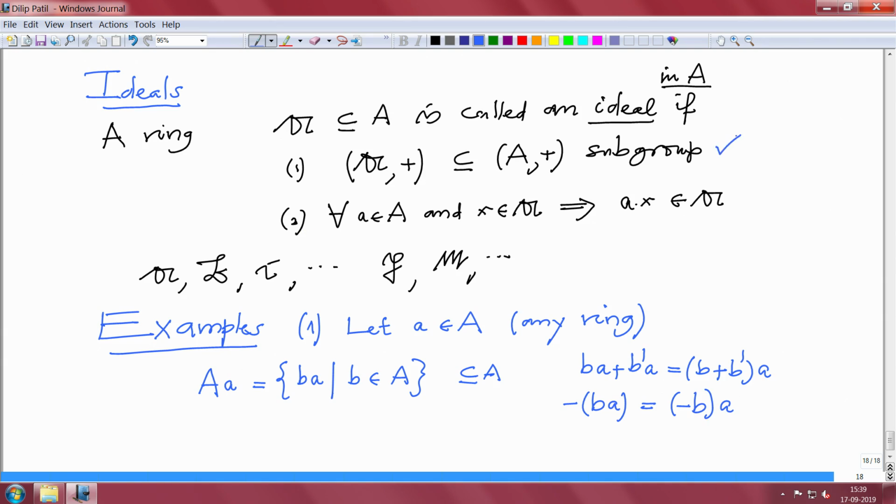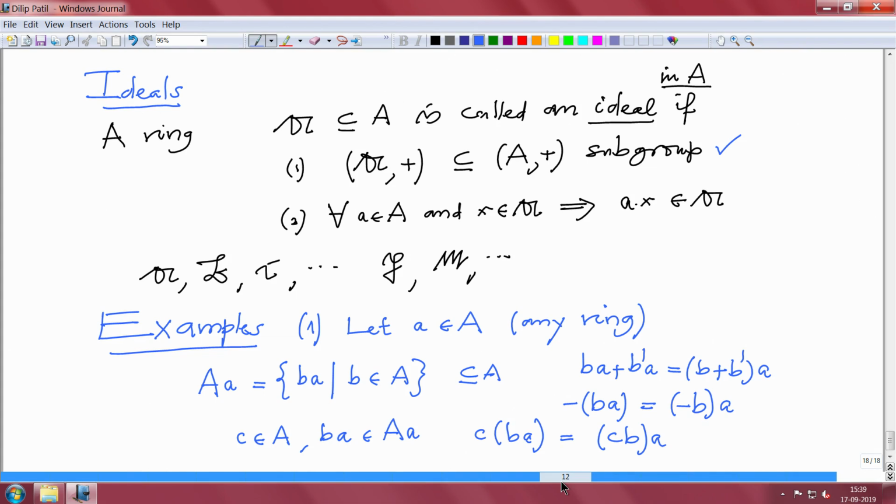The second condition is also obvious, because if I take any other c in A and any element b a in this set of multiples of a, then what is c times b a? This is nothing but, I will put the bracket like this, c times b times a, and this is again of that form. So, you see all the things stated in the definition are used. Okay, so, this becomes an ideal.